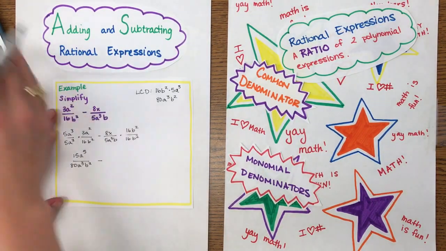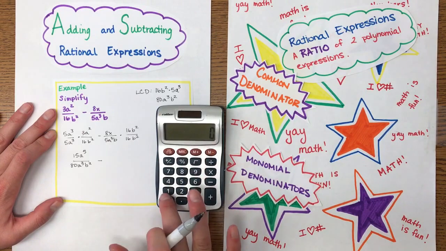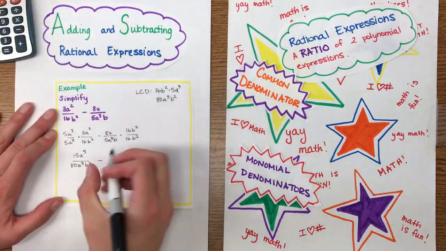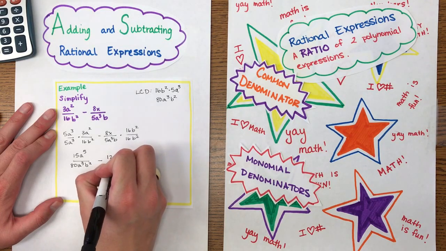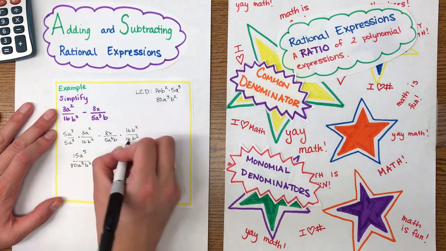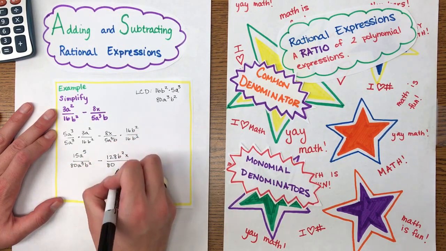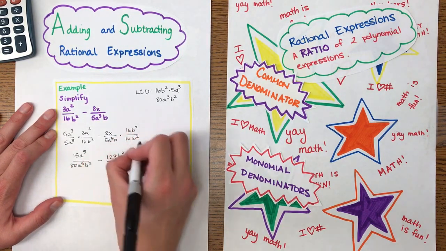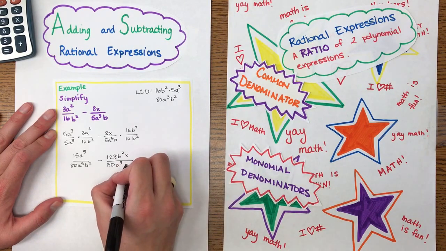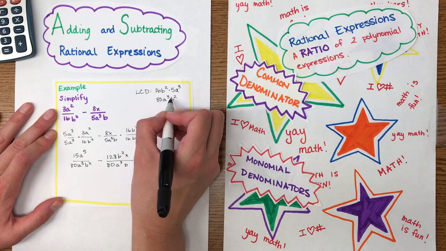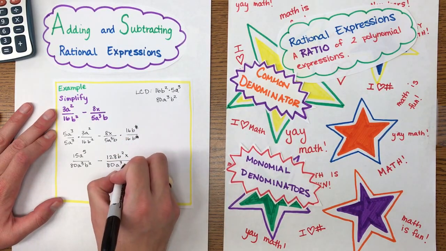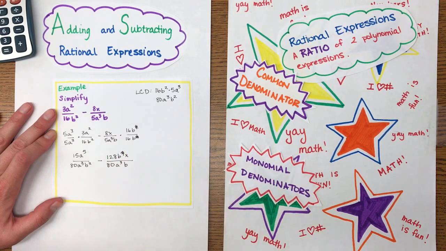Minus 8 times 16 is going to give me 128, b times x, divided by 5 times 16 is 80, a cubed, b times b squared is going to give me b cubed, and I actually only want b squared. So instead of this being b squared, this should have been b. So that's just going to be b there.